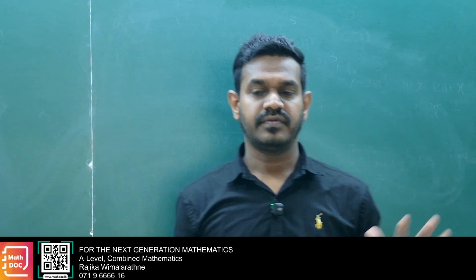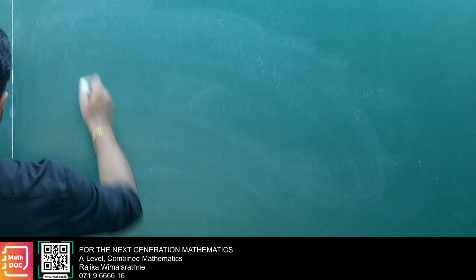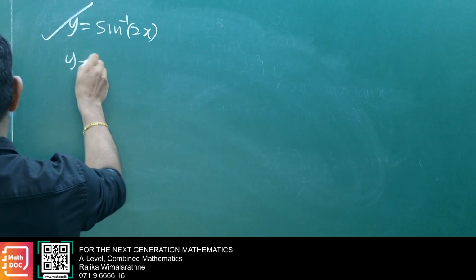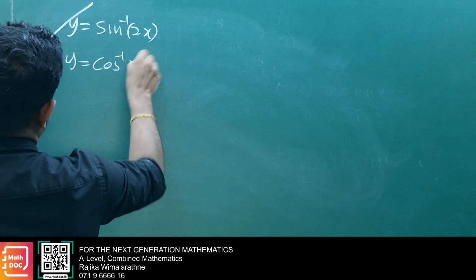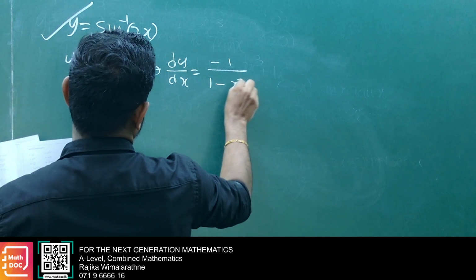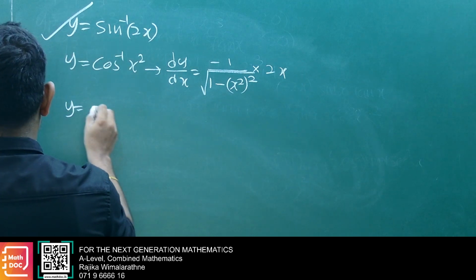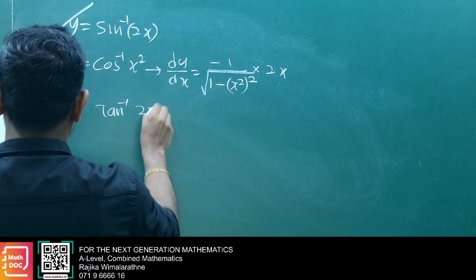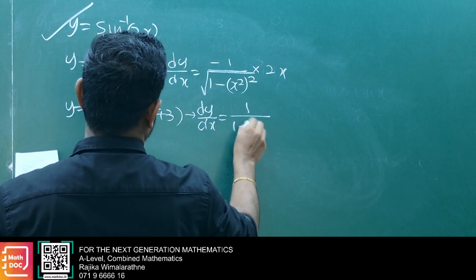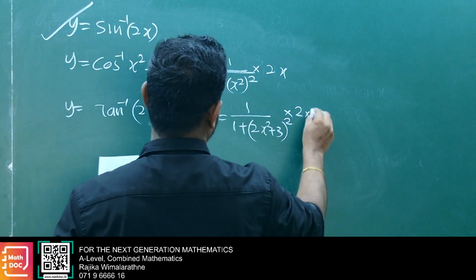Continue. y equals sin inverse 2x, we did that. y equal cos inverse x squared: dy by dx is minus 1 over root of 1 minus x squared to the power 2, into 2x. y equal tan inverse of 2x squared plus 3: dy by dx is 1 over 1 plus (2x squared plus 3) to the power 2, into the inside function's derivative 2x.